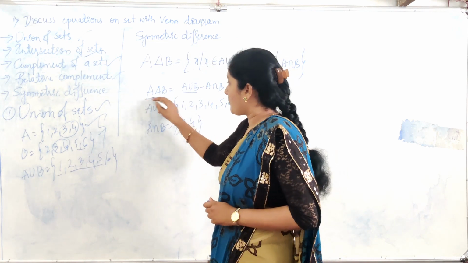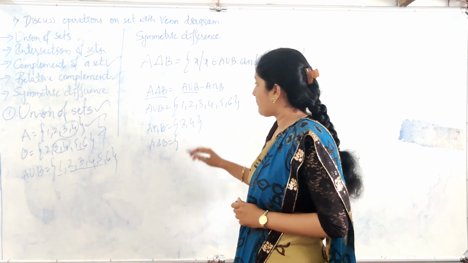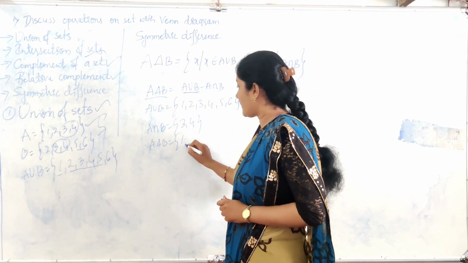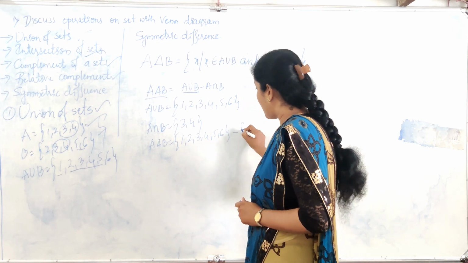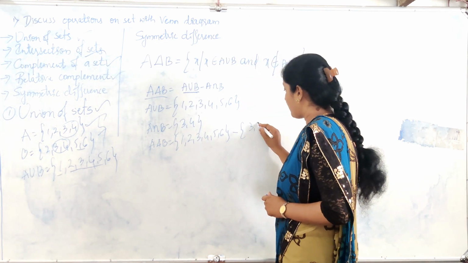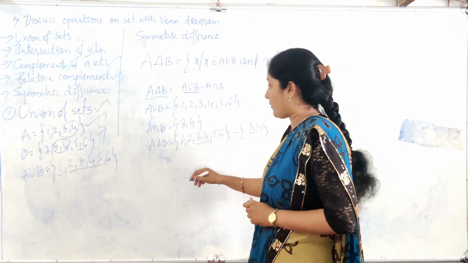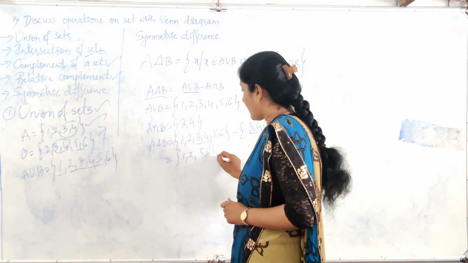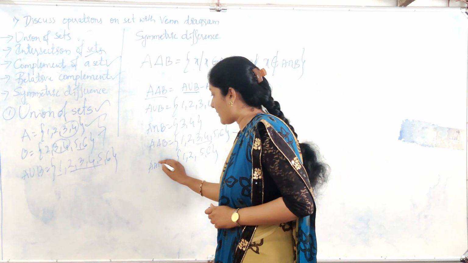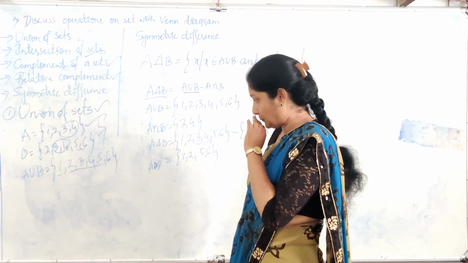Now A symmetric difference B will be equal to A union B minus A intersection B. So now write down, except 3, 4, remains 1, 2, 5, 6. So this is the symmetric difference of A and B.